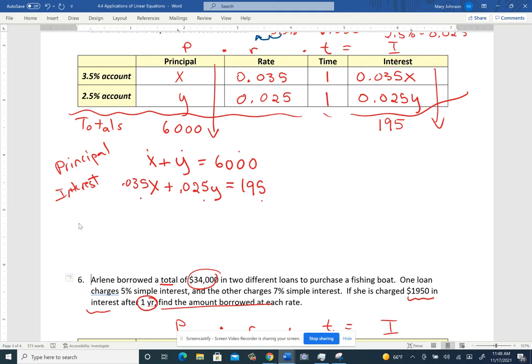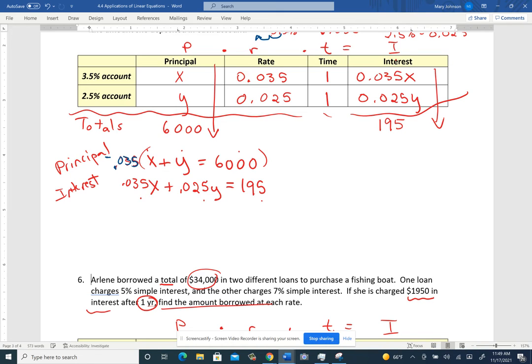So if you wanted to, you could eliminate x by multiplying by 0.035, let me do it in a different color, by 0.035 and making it negative. Then the x's would match and be eliminated.